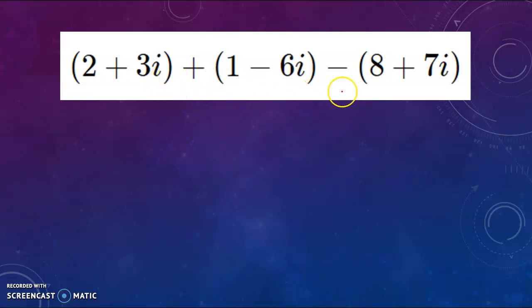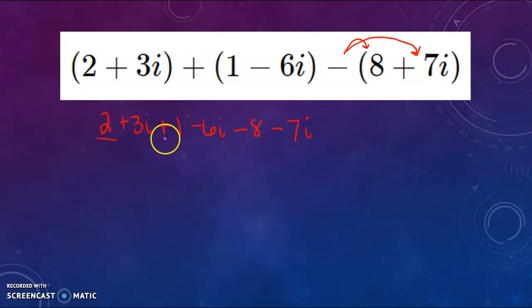Now we're treating this imaginary i just like we treat variables when it comes to combining like terms. So if I wanted to simplify this expression, the first thing I have to do is distribute this negative to this back half to be 2 plus 3i plus 1 minus 6i minus 8 minus 7i. And we're going to find those like terms.